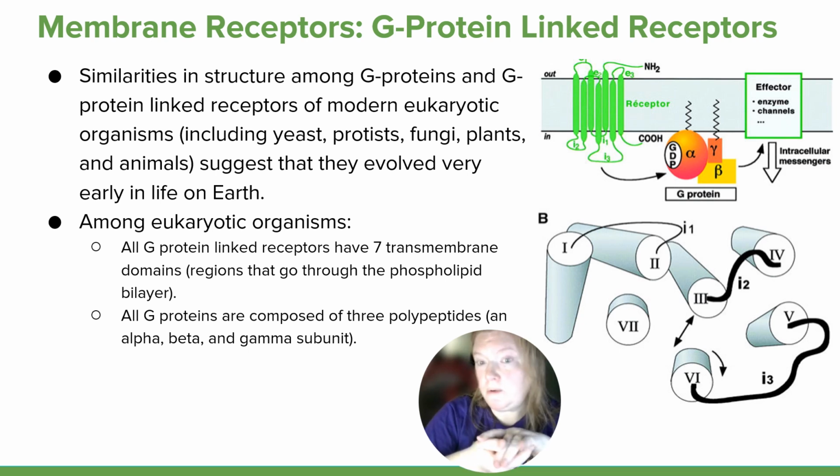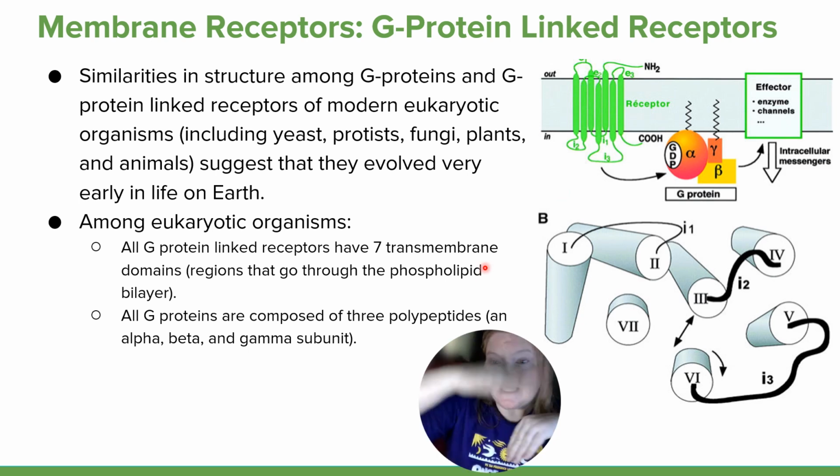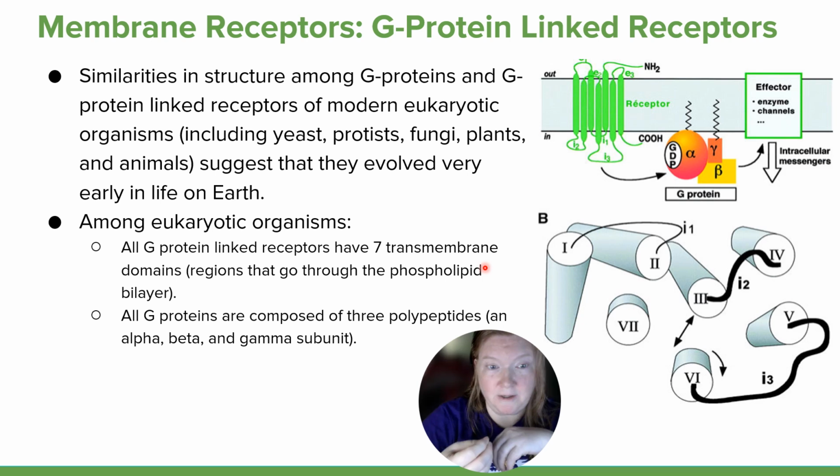So how do we know? Well, we look at some of the evidence. All G protein linked receptors have 7 transmembrane domains. So look here. It goes up and down and up and down and up and down through the membrane 7 times, specifically 7. So there are 7 regions that cross the cell membrane, that bilayer.